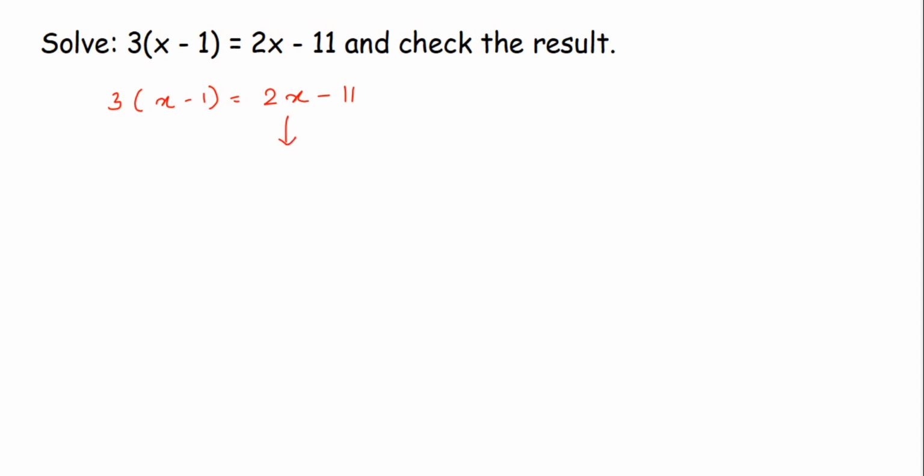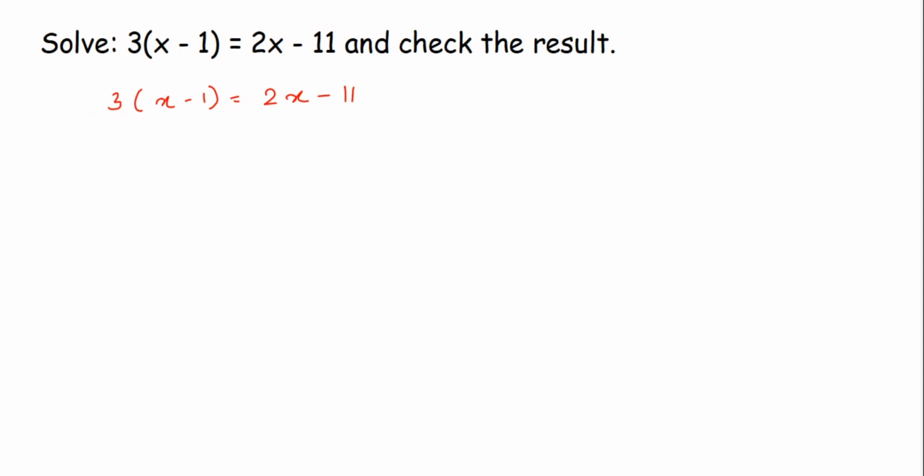What does 2x mean? It is 2 times x. But you ignore the multiplication operation and write it as 2x. It's understood that it's 2 times x. Similarly, when you don't see any operation between the bracket and a number or a term, it could be a variable or anything, then it's a multiplication.